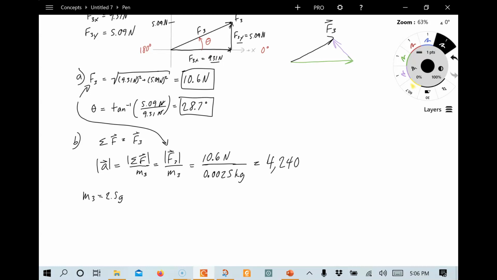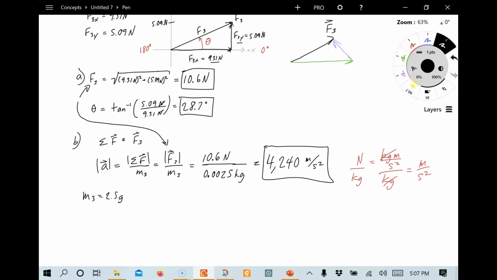And what are the units of acceleration? It should be meters per second squared. And we can check that because what is a newton? A newton is equal to a kilogram meter per second squared. And then we're dividing by a kilogram, right? So if we do this with the units, we'll see the kilograms cancel and we're left with meters per second squared as we expect. And so that's the magnitude of the acceleration.